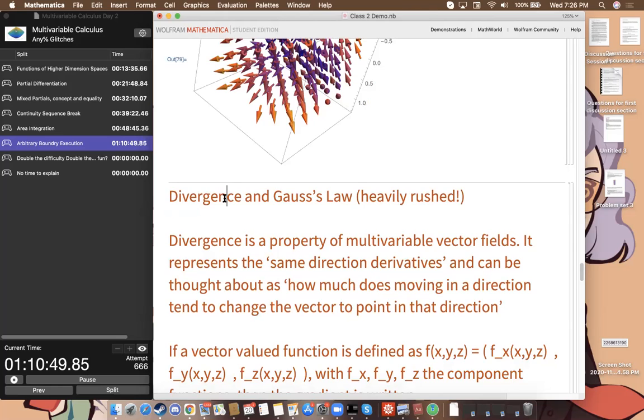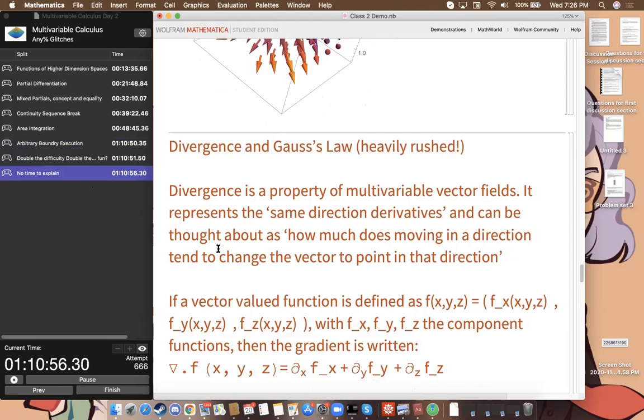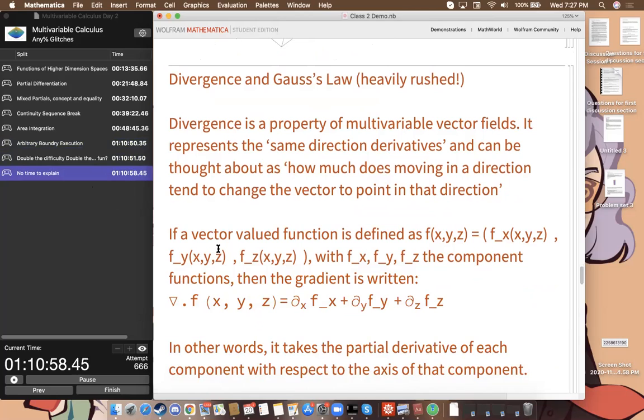And now we're on to divergence and Gauss's law, labeled here as no time to explain, because this is a big, fundamental, huge pile of ideas that we need to get through. Divergence is a property of multivariable vector fields. It's not a property that exists for a vector valued function of one value.